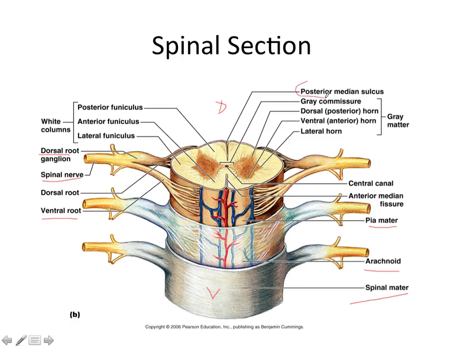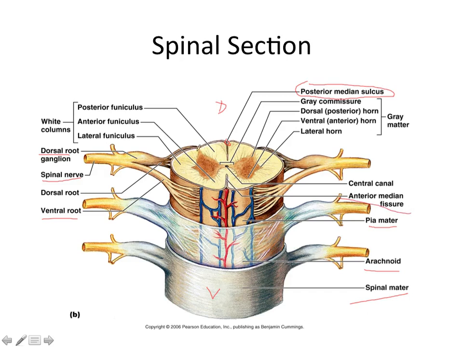So we can distinguish the ventral part from the dorsal part based on the size of the fissure. The dorsal one is called the posterior median sulcus, and the ventral one is the anterior median fissure.